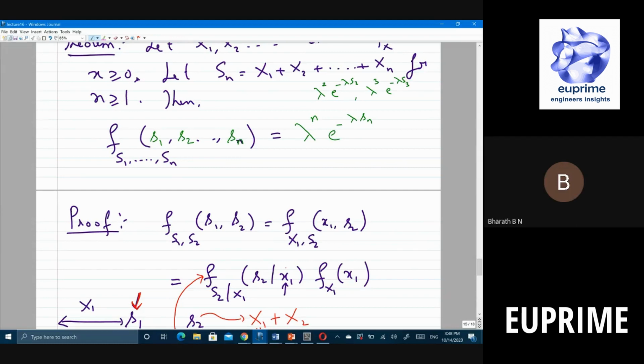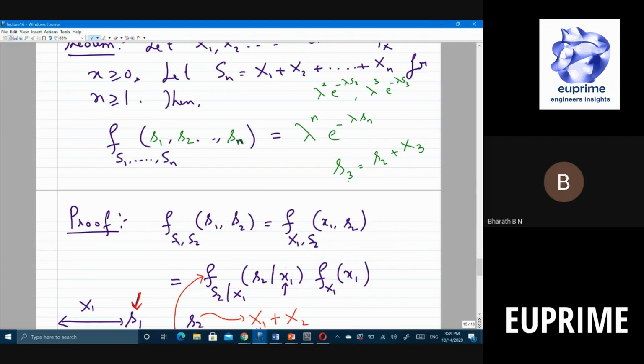It's slightly more complicated. When Sumit asked me the question, I said S3 conditioned on S2 and S1 only depends on S2. It doesn't matter what happened before. Why is that? Because S3 is S2 plus X3, and S2 and X3 are independent, because I'm picking X3 independently of everything from the exponential distribution.